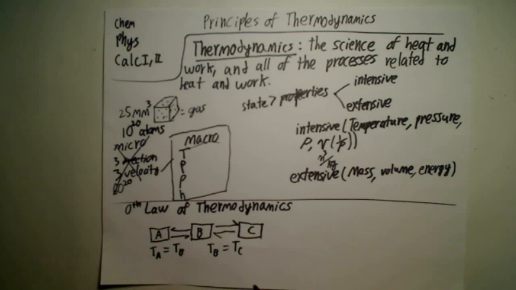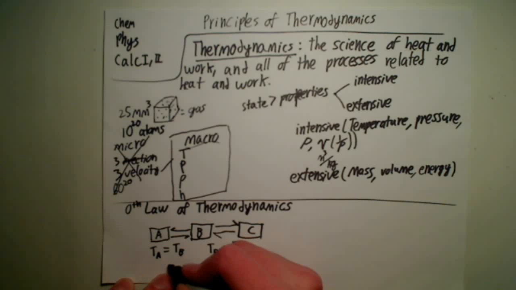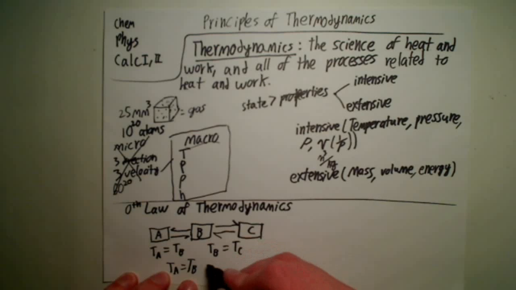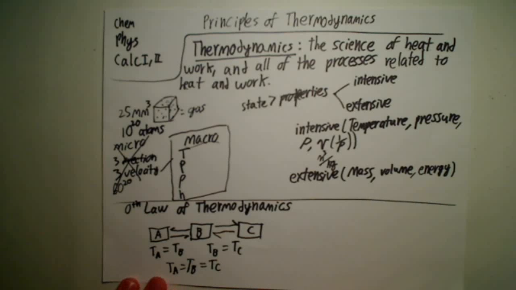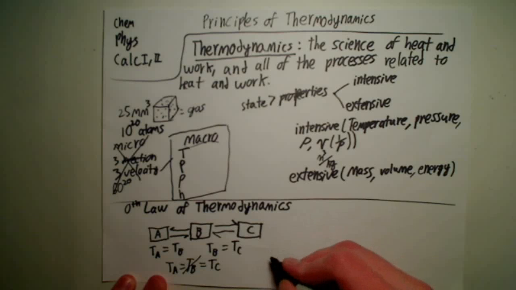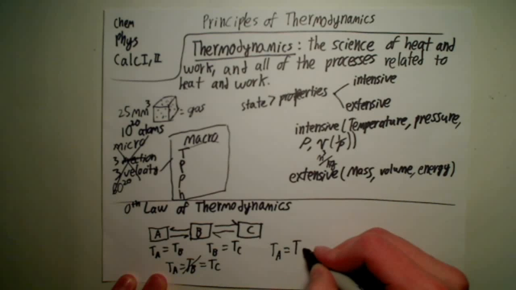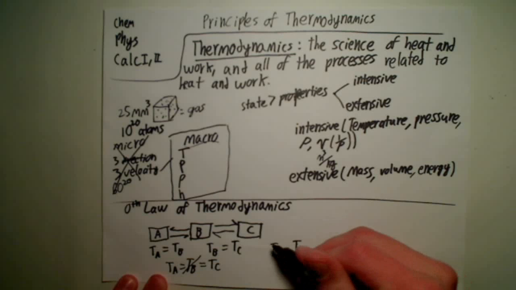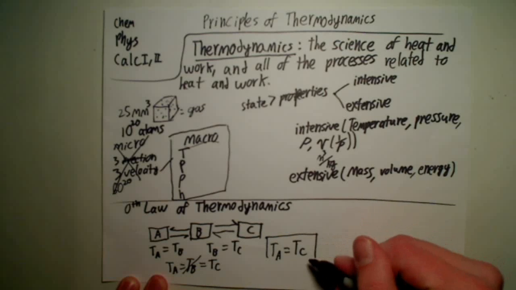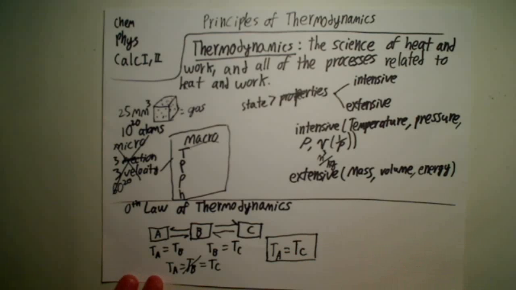Well, we have T of A equaling T of B, and T of B equaling T of C. If you really think about it, we can just cut B out. That's just the middleman, and we can say the temperature of A equals the temperature of C. And this is the zeroth law of thermodynamics.